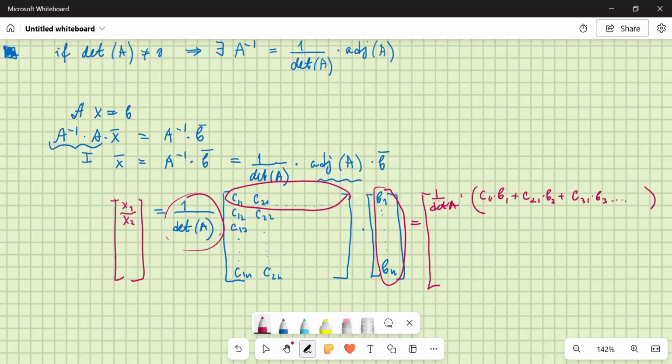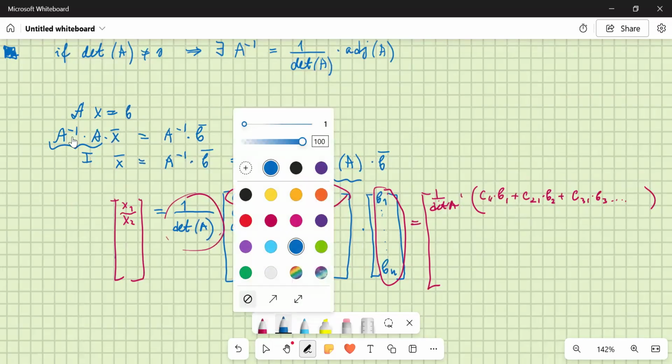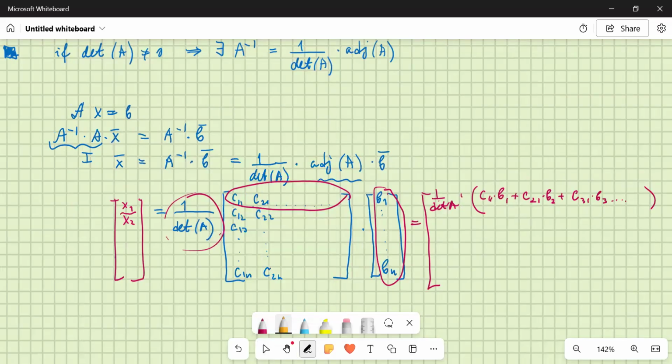Well, guys, this probably looks a little bit weird. We were expecting to multiply cofactors by the column to get some determinant, right? Let me use orange color. What cofactors do we have over here?